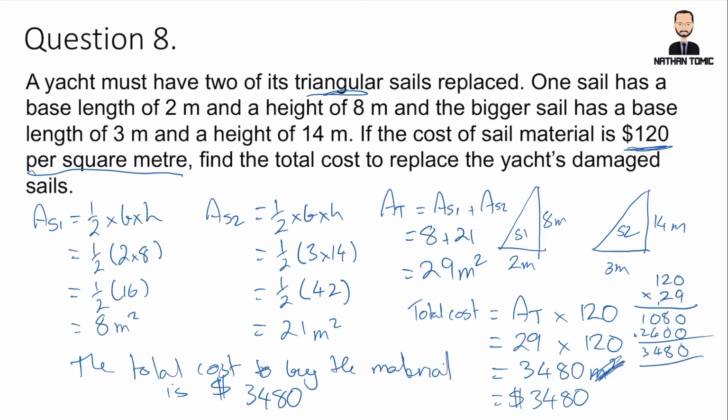If you want to be really, really accurate, .00 to include the cents component, even though it's not actually part of it. And again, the math itself is not particularly complicated. It's more about recognizing you've got two triangles that you had to find the area of. You then had to find the total area of that, and then multiply that total area by the $120 to find out the total cost.